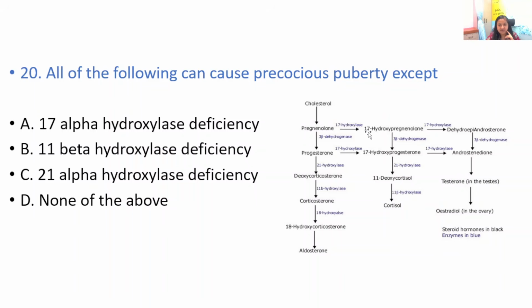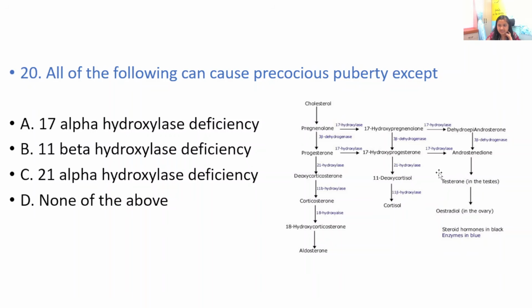So 17 alpha hydroxylase does not present with precocious puberty. In fact, it can present with delayed puberty or sexual infantilism. 11 beta hydroxylase and 21 hydroxylase deficiency, as you can see here, 21 hydroxylase deficiency, when it is there, all this gets converted and goes into this cycle where it is forming testosterone, right? 21 alpha hydroxylase and even 11 beta hydroxylase.